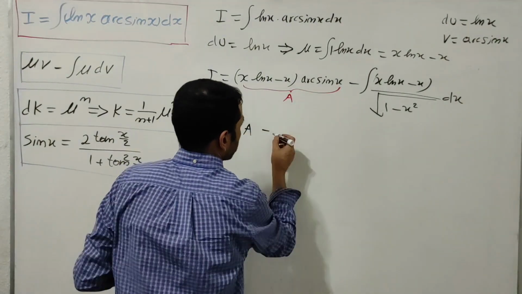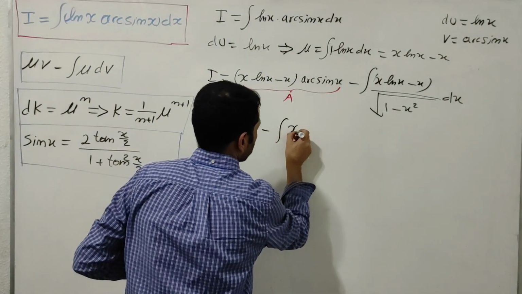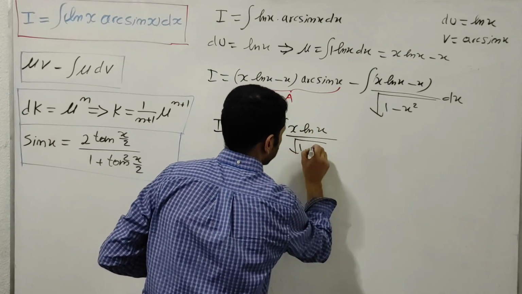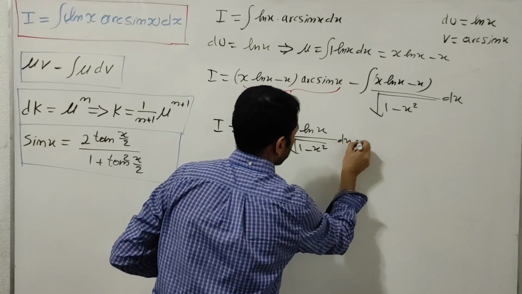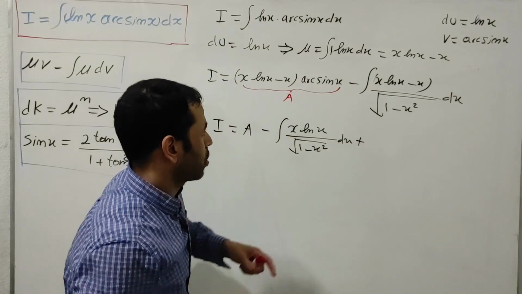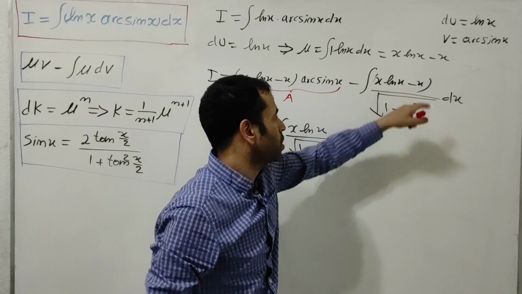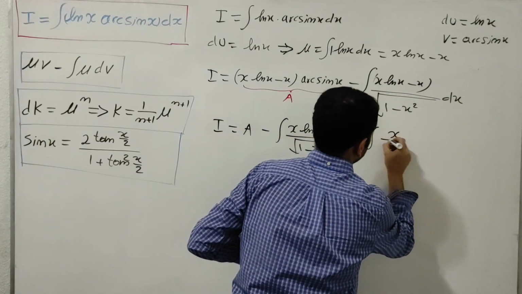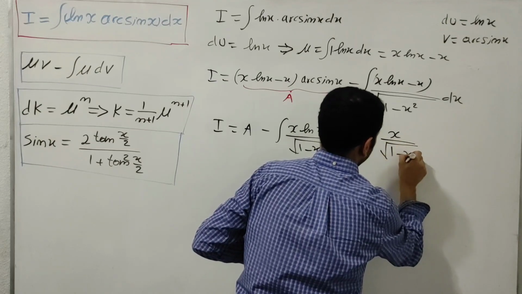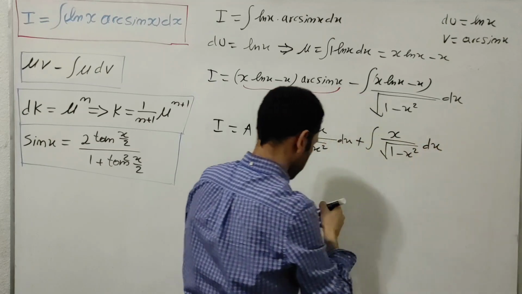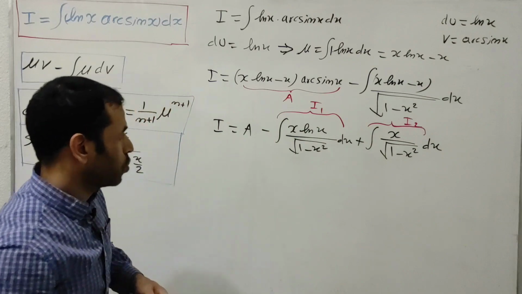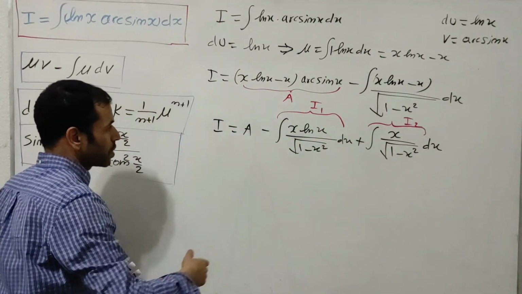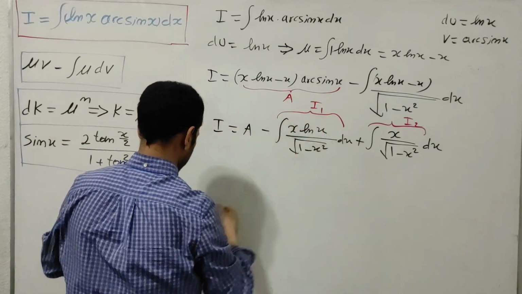I will get the first integral, minus x multiplied by natural log of x over square root of 1 minus x squared dx, plus another integral: minus multiplied by minus is giving us plus the integral of x divided by square root of 1 minus x squared dx. Okay, so I'm going to calculate each integral separately, starting with the I1 integral.